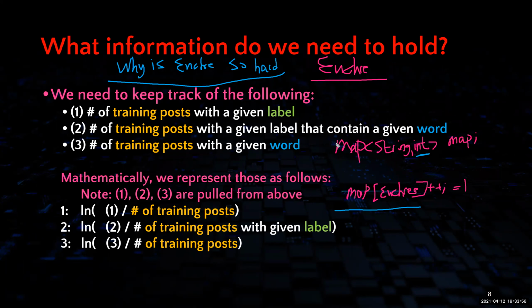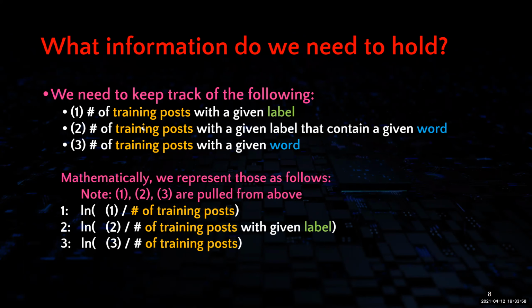All right, awesome. So we keep track of that. Second thing is number of training posts. I'll go at number 3 and then I'll go to 2 because 2 is a bit complicated. So 3, number of training posts with a given word. Can anyone think of a structure for this? Anyone have any ideas?